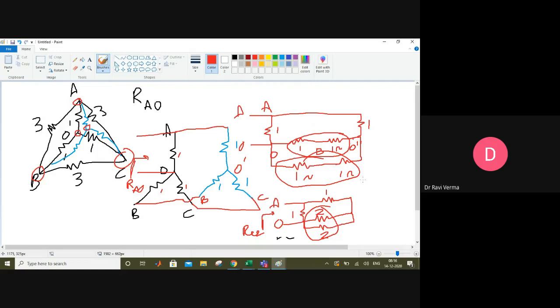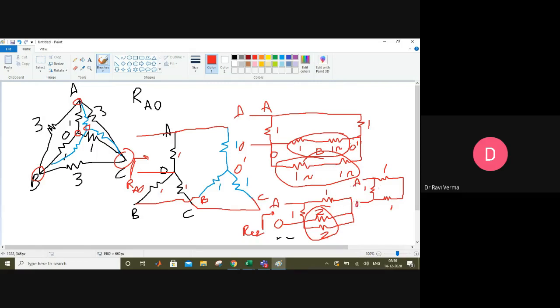Parallel. So it will look like this: 1 ohm, again 1 ohm, and again 1 ohm. This is A. This is O.